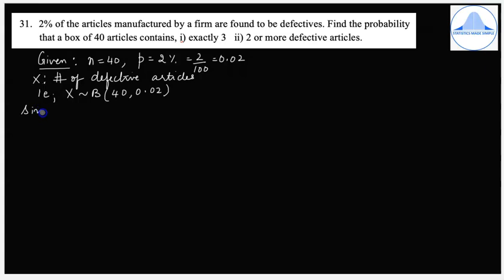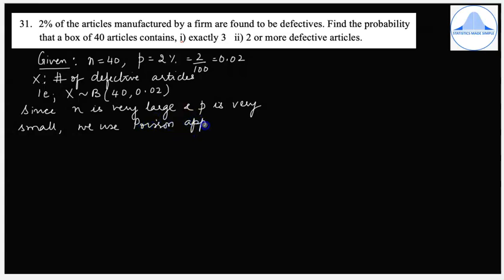So we'll write the sentence, since n is very large and p is very small, we use Poisson approximation to the binomial distribution. So this is a very important step to remember. I'll just keep the words short.